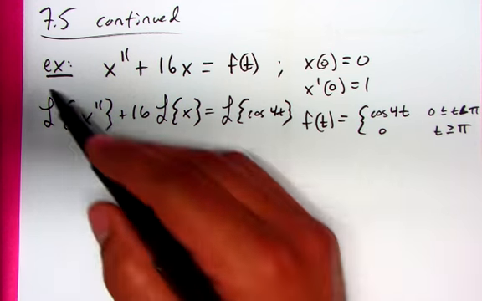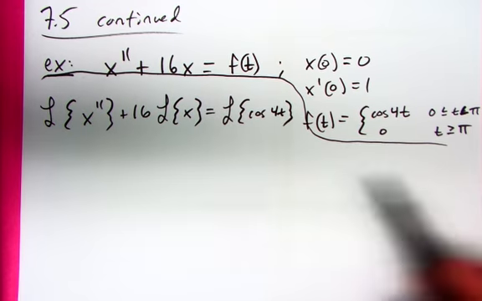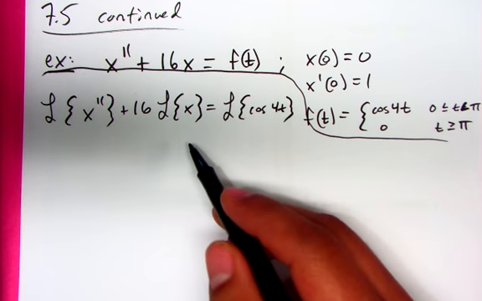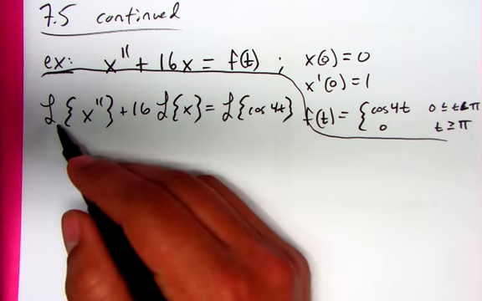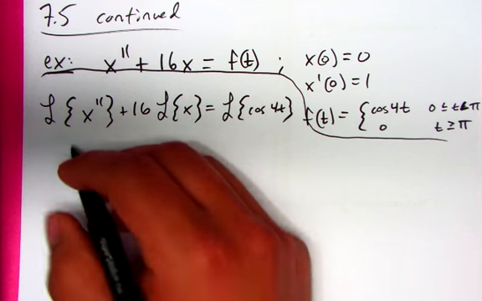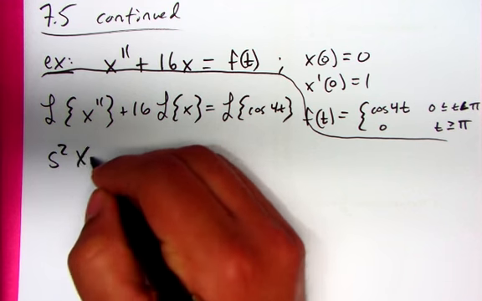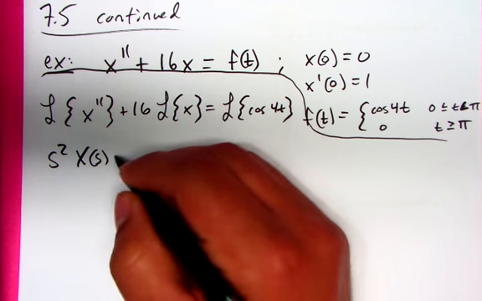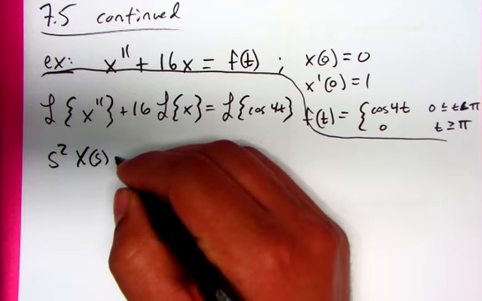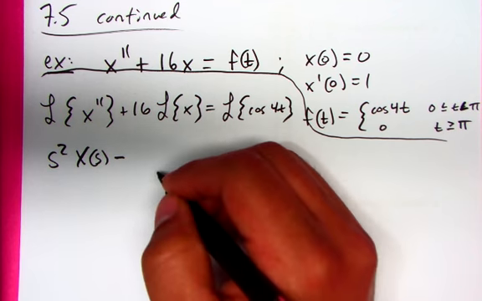Okay. So we start off the same way we did yesterday. We take the Laplace transform of the second derivative. What is that? S squared, big X, because it's X. Just use whatever variable we have.